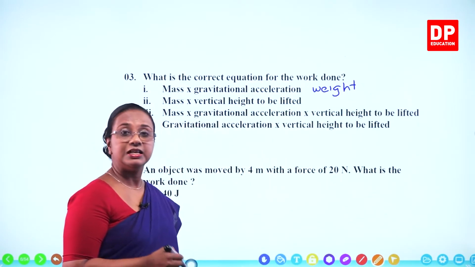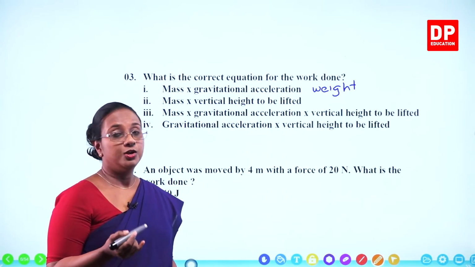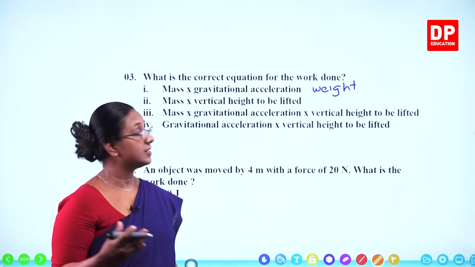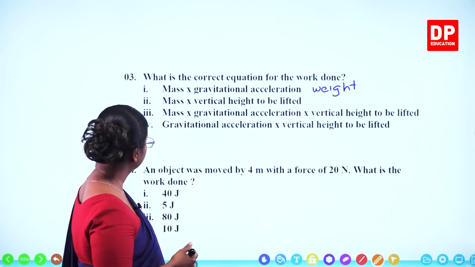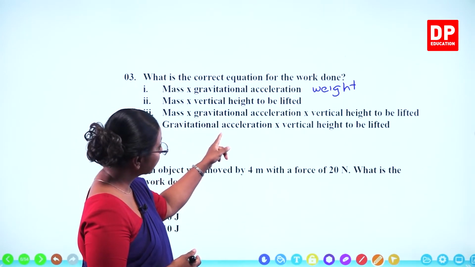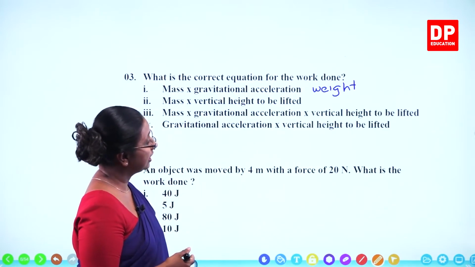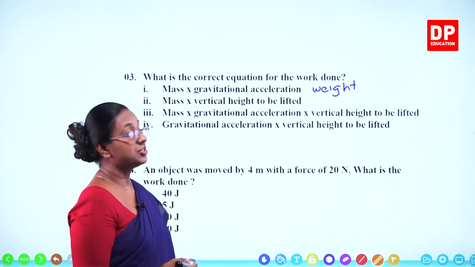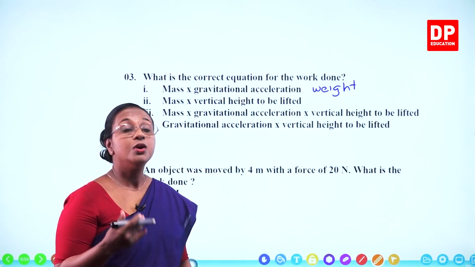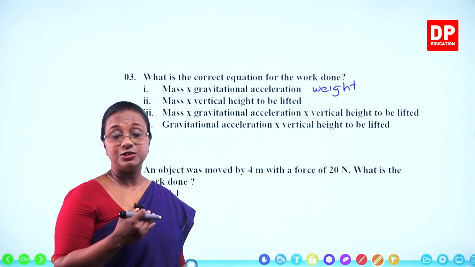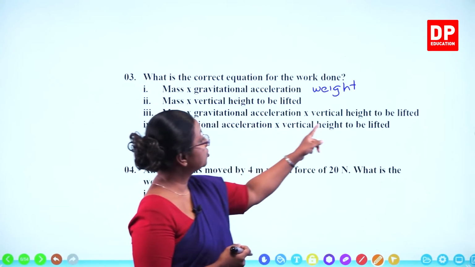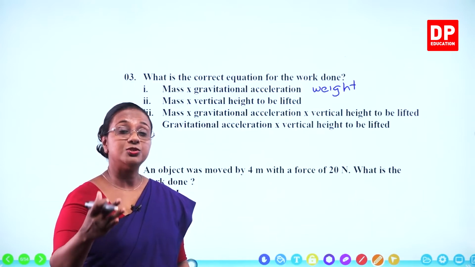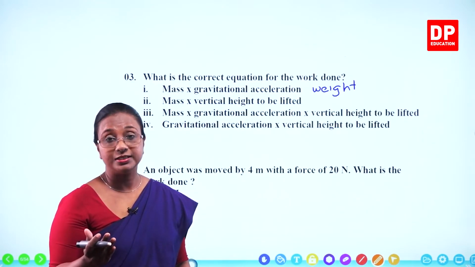Mass into vertical height to be lifted. No. Mass is not the force exerted. So because of that, it is not correct. Mass into gravitational acceleration into vertical height to be lifted, that is correct. Why? Mass into gravitational acceleration is the weight. Weight is the force that is needed to be applied. So force into vertical height is the displacement. So force into displacement is the work done.